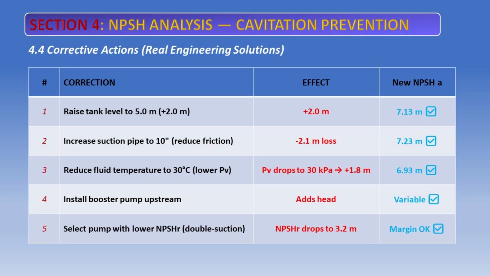Install a booster pump upstream. 5. Or select a different pump with a lower NPSHR, like a double suction design. The table shows the effect each action would have on NPSHA. We need to choose a solution that is both effective and practical.